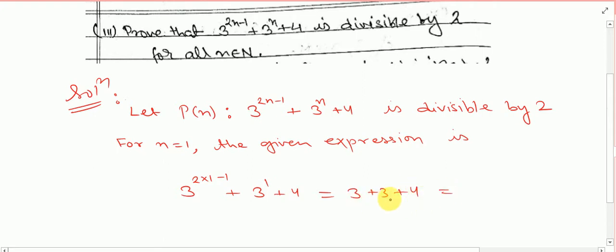So here 3 plus 3 is 6, plus 4 is 10, 2 into 5. So clearly you can see that this is divisible by 2.